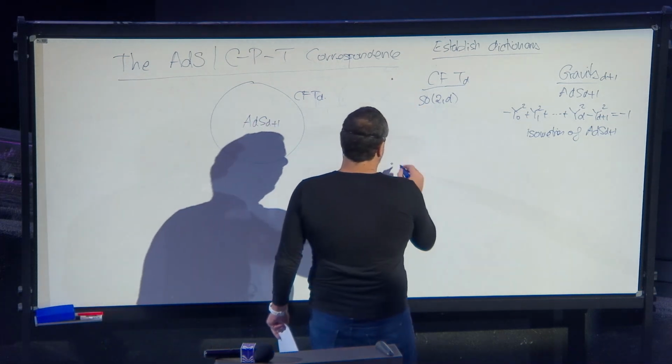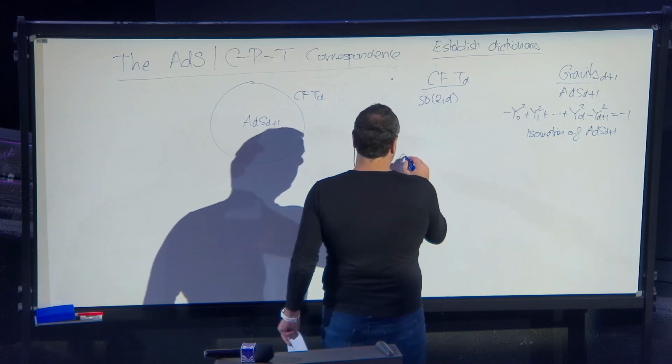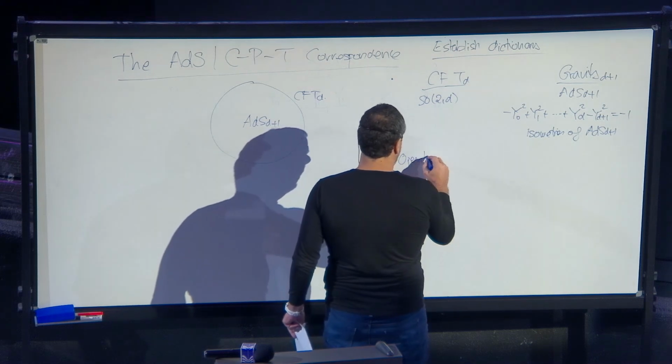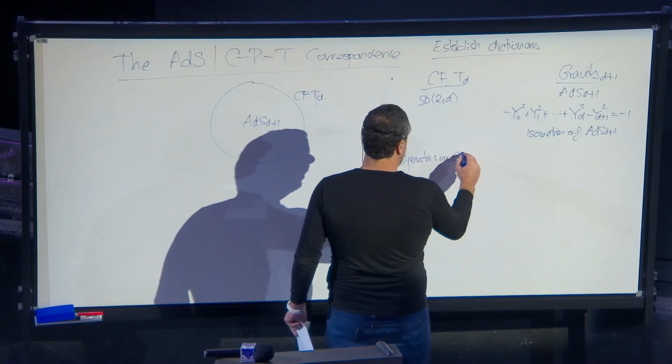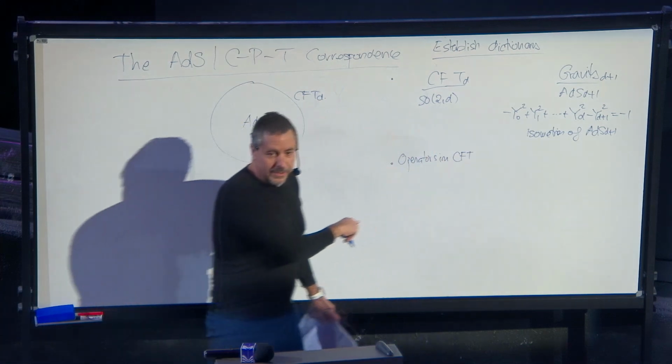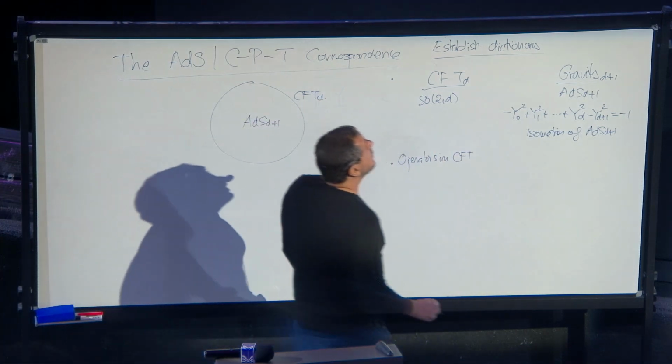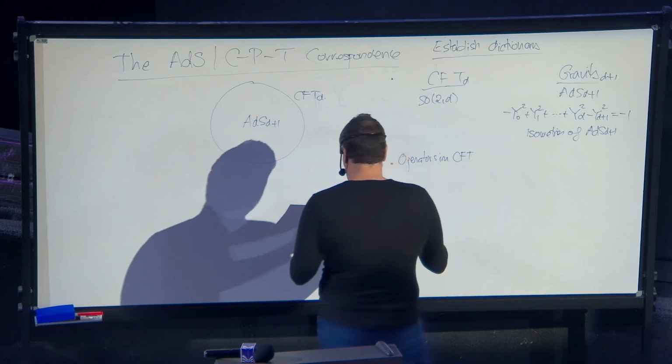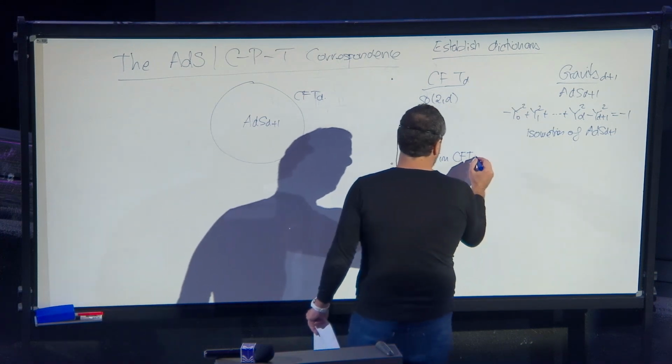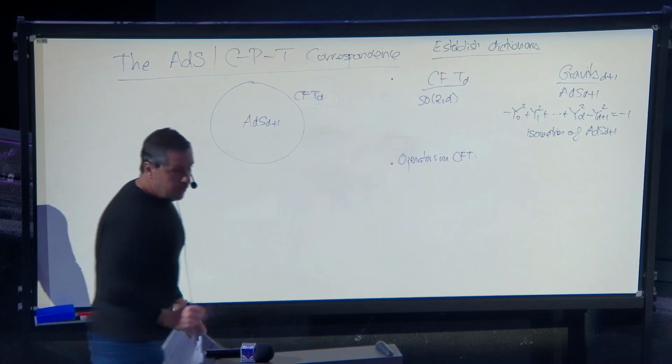The other one is that you want to establish a dictionary between operators in the conformal field theory. By the way, I'm not sure if I'm blocking the blackboard, but no? Okay. So here there's a whole bunch of operators. Some of them are familiar, some of them are less familiar.